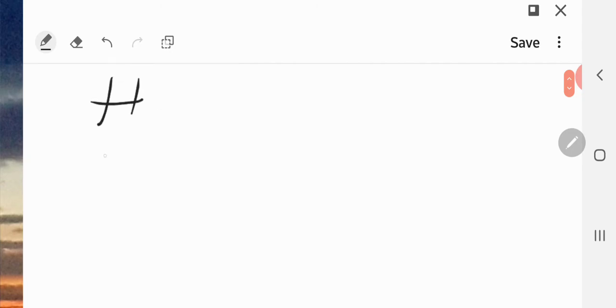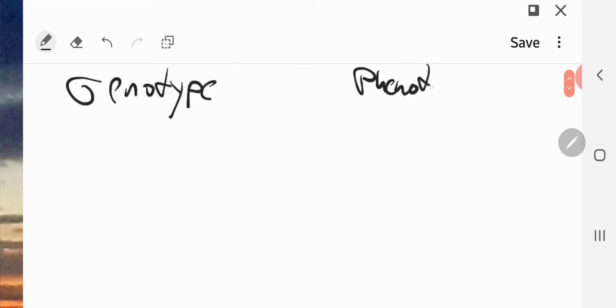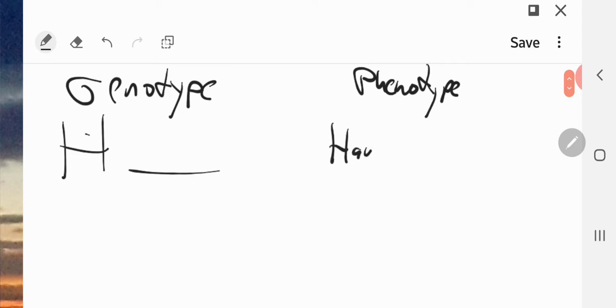So if you have a big H, whatever, remember here's our genotype up here. Here's our phenotype. If you have a big H and whatever, your phenotype is you have Huntington's disease.